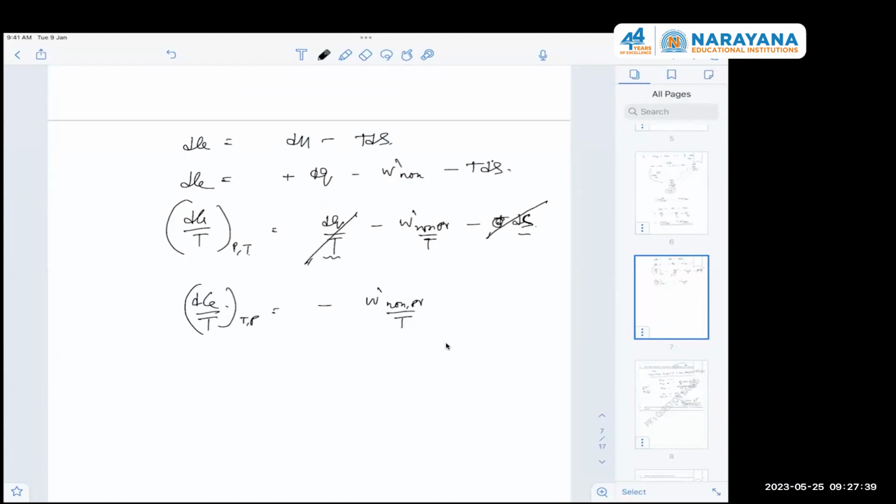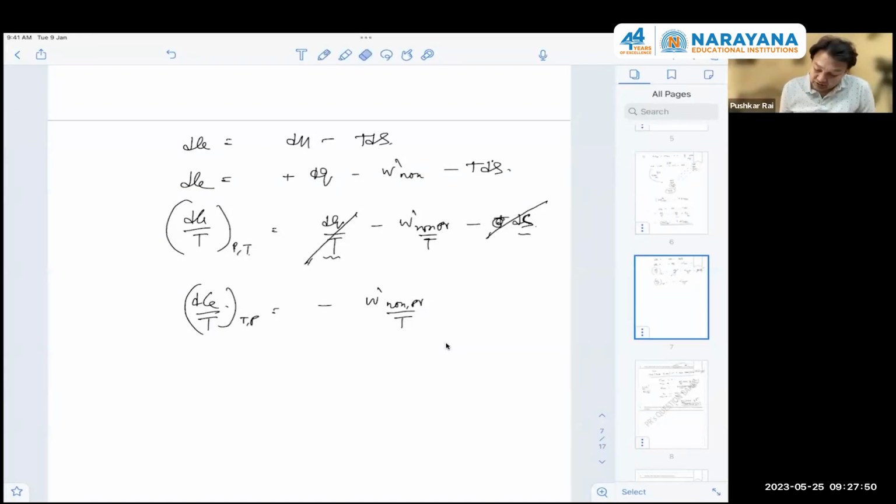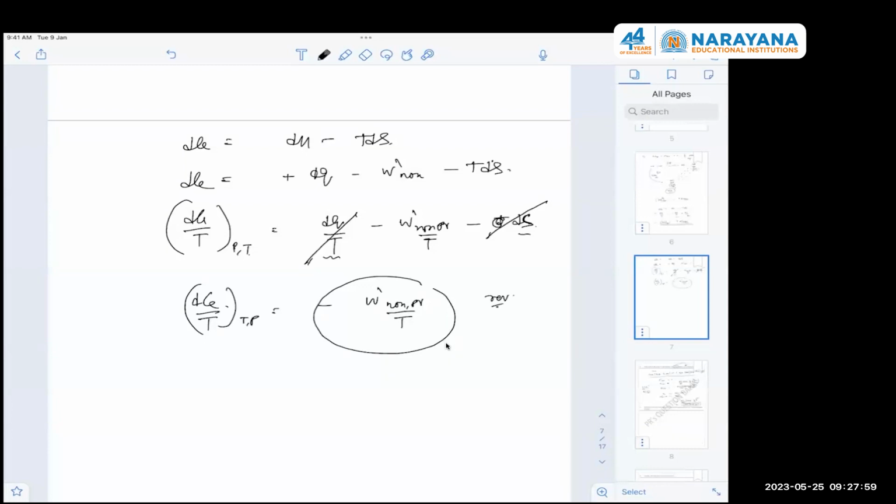We can write dq by T as minus delta S surrounding also. This is system. If the process is not reversible, first, this is the result. If the process is reversible, delta S surrounding total is zero.